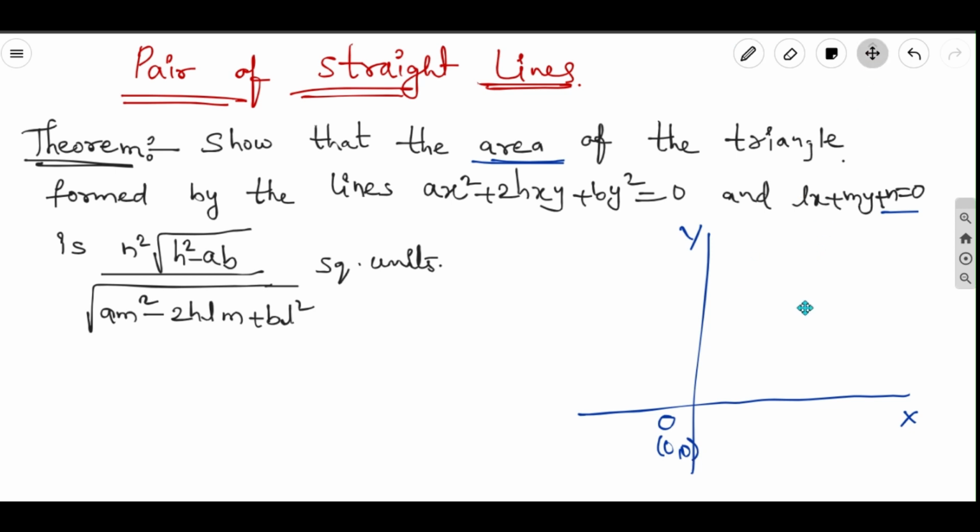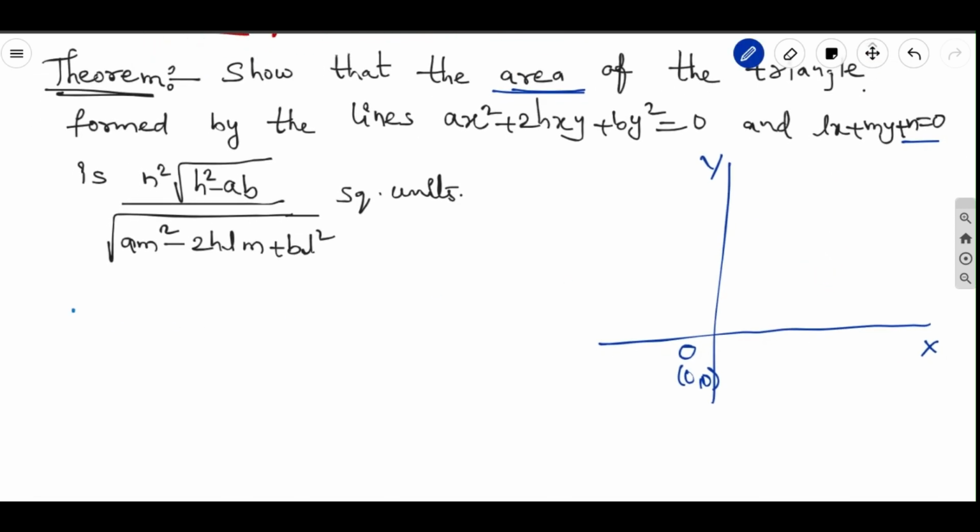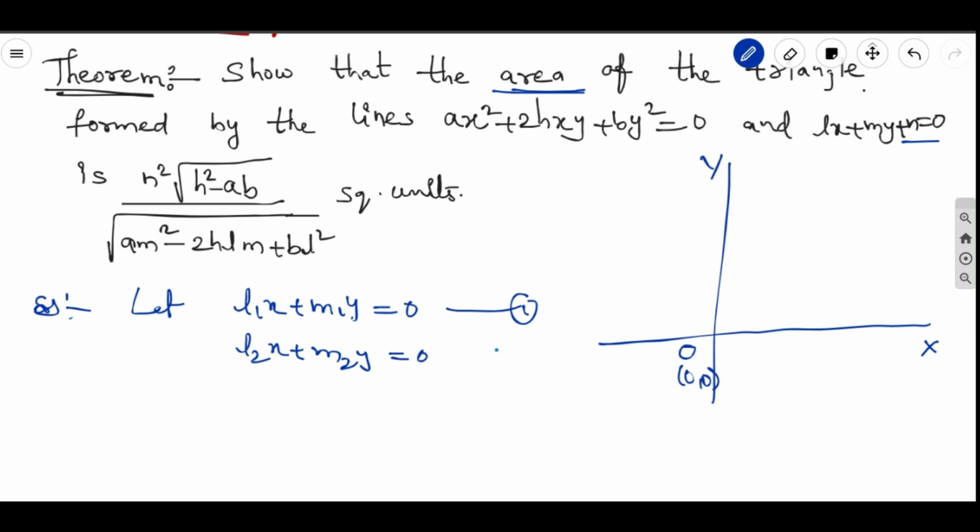We know that ax² + 2hxy + by² is the combination of a pair of straight lines. Let L1x + M1y = 0 be one line equation, and L2x + M2y = 0 be the second line equation. The triangle is formed by these lines.